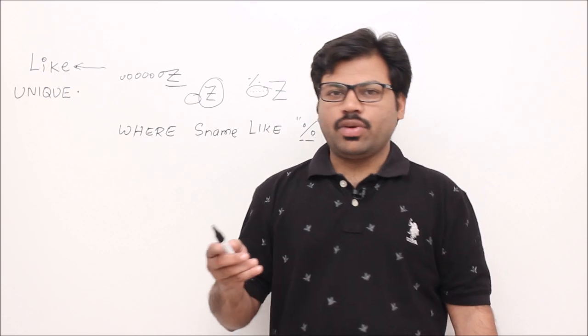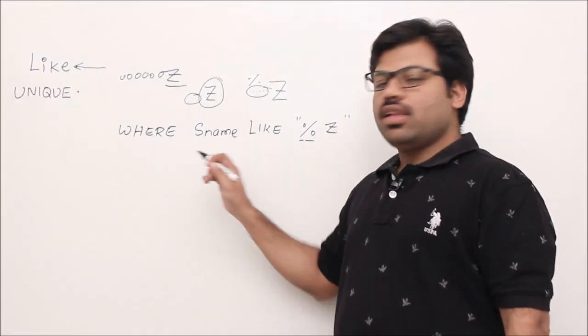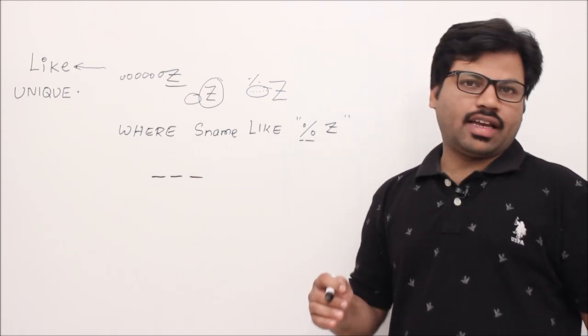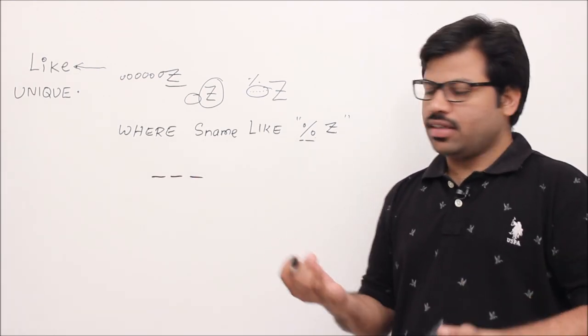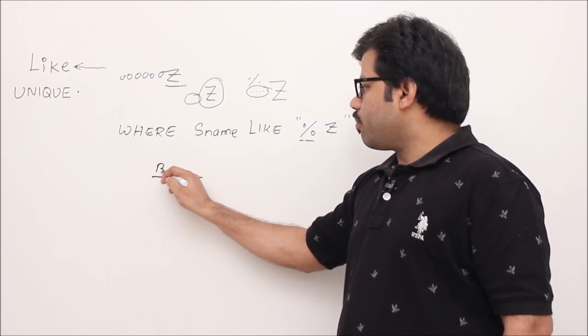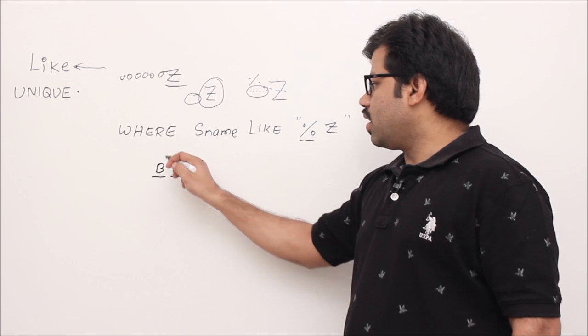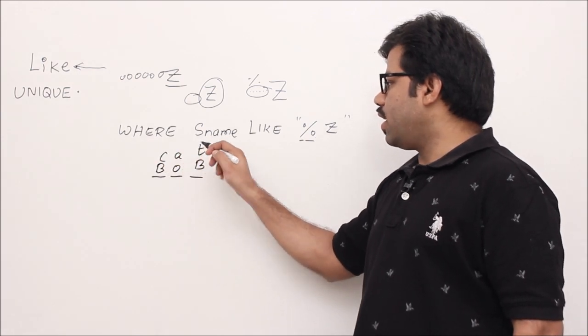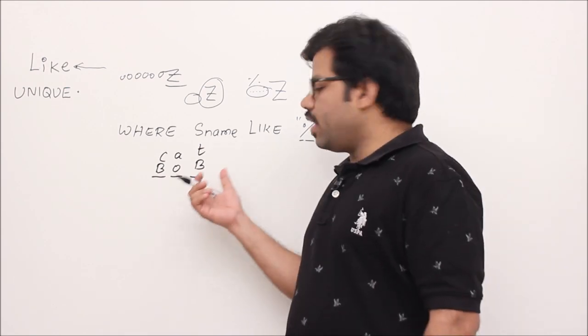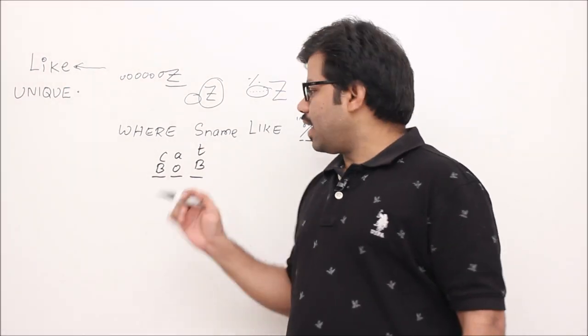Now we'll see one more example. I want to print all the sailor names which have exactly 3 characters. Exactly 3 characters, but those characters can be anything, something like Bob or cat. All these strings I want to print. Finally, I want to print sailor names whose name has exactly 3 characters.